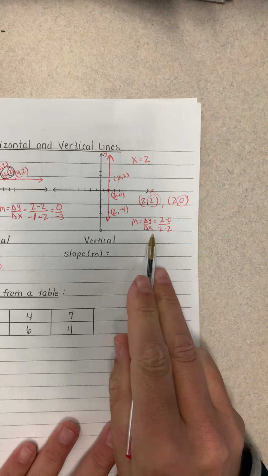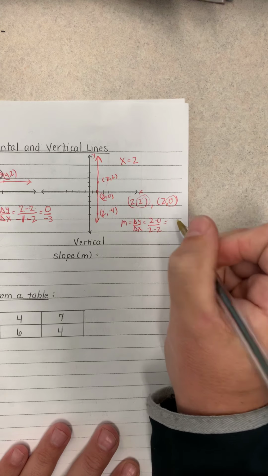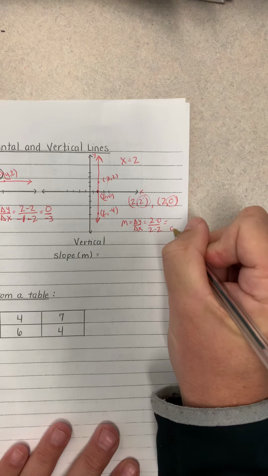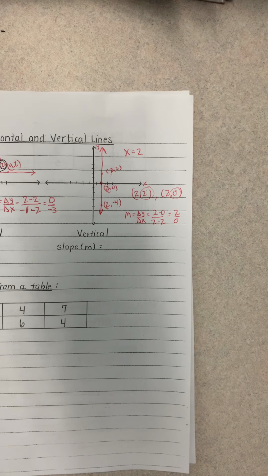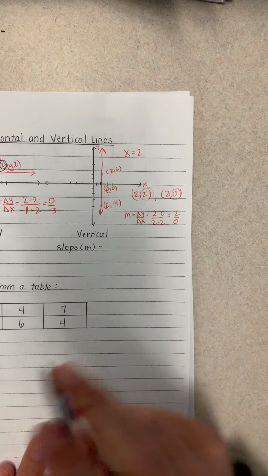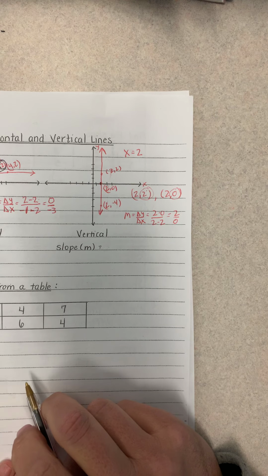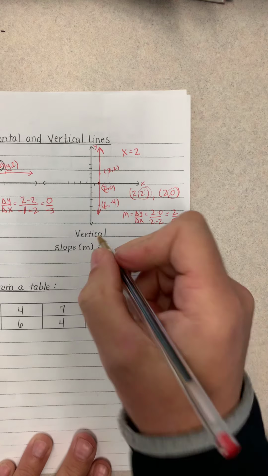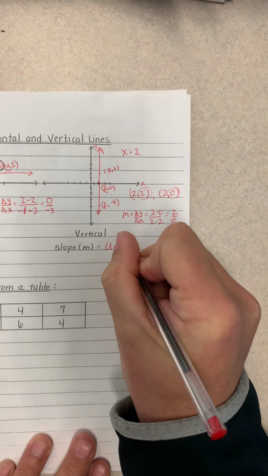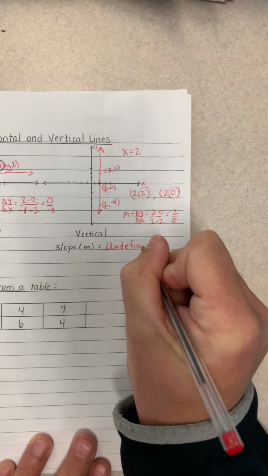Whenever I have a vertical line, your denominator will always be 0. If you put that into your calculator, it will tell you an error. It is not 0. We cannot divide by 0. The calculator's not going to do it. This slope we say is undefined.